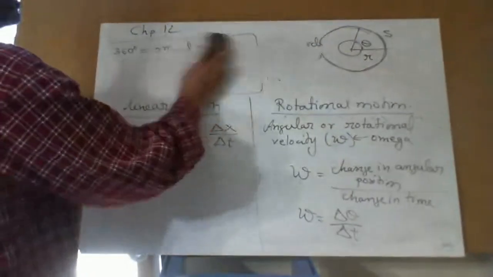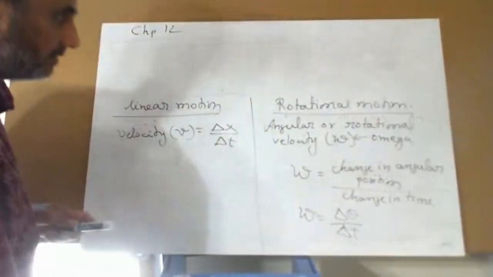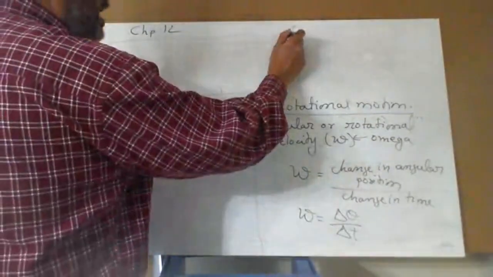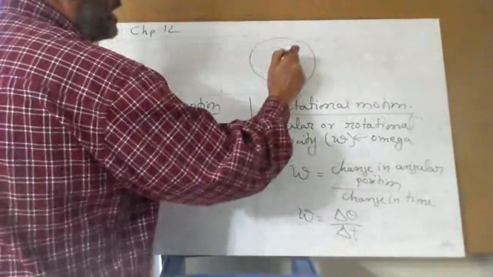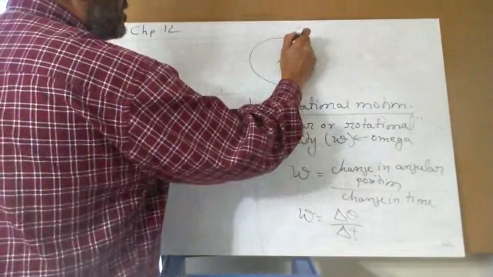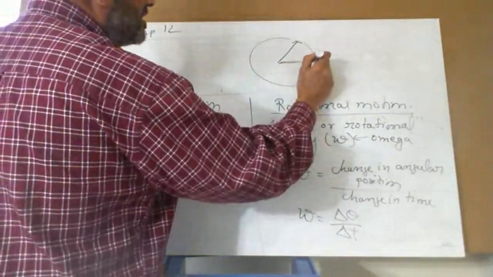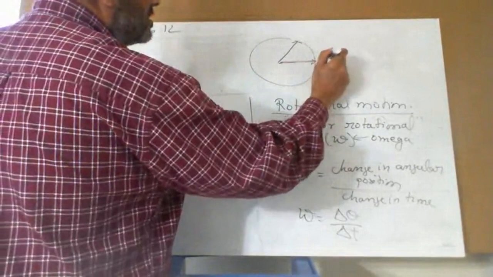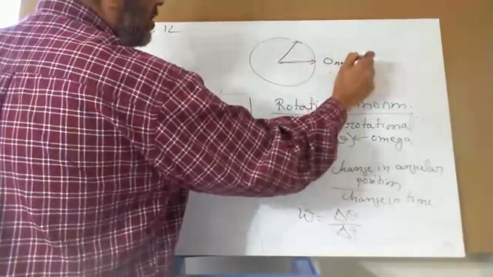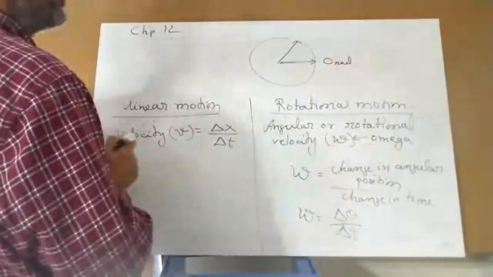So if, for example, you have a wheel, and let's say the initial angular position, remember we're going to take east as 0 radians or 0 degrees or 0 of a revolution.